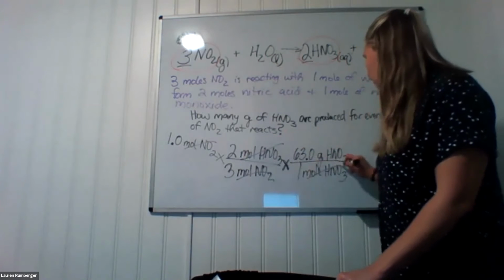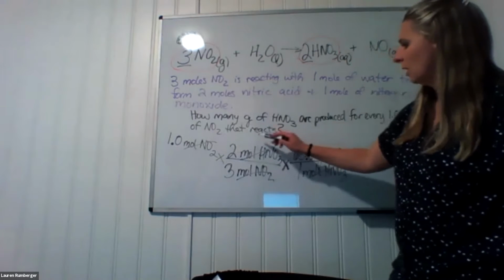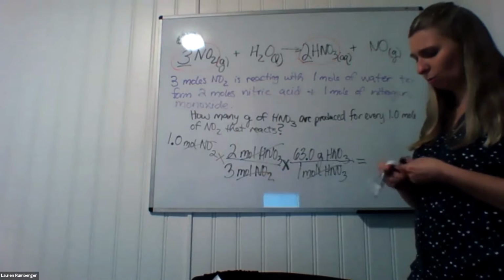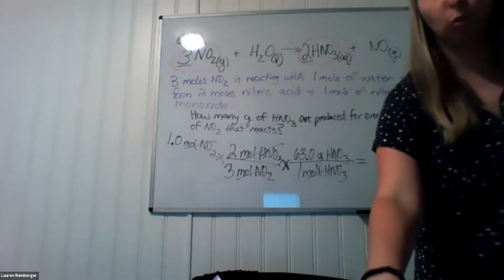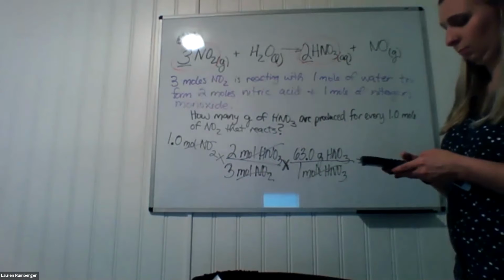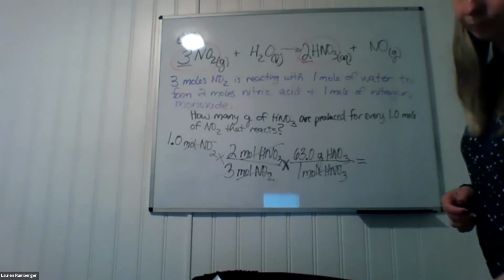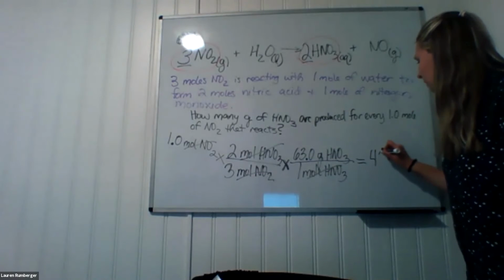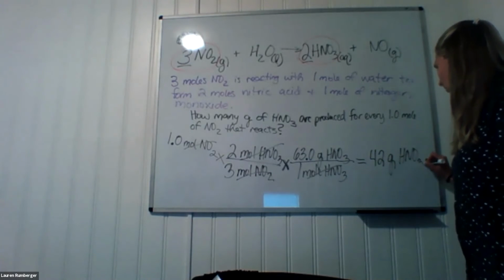Cancel out those units. Now, 1 times 2 divided by 3 times 63 will now give us the mass of nitric acid that would be produced. What I am getting is 42 grams of HNO3.